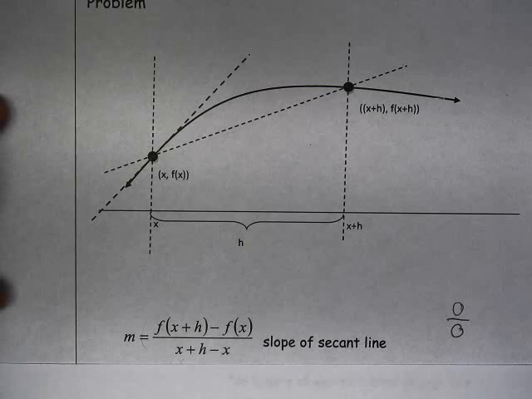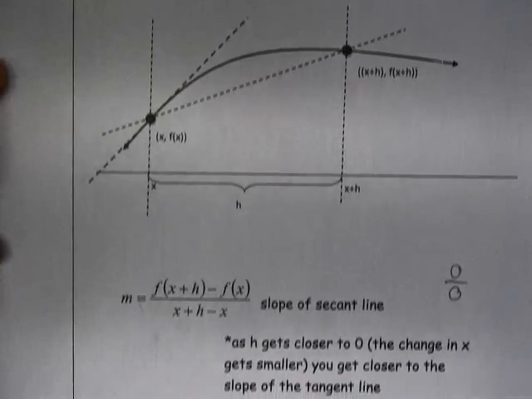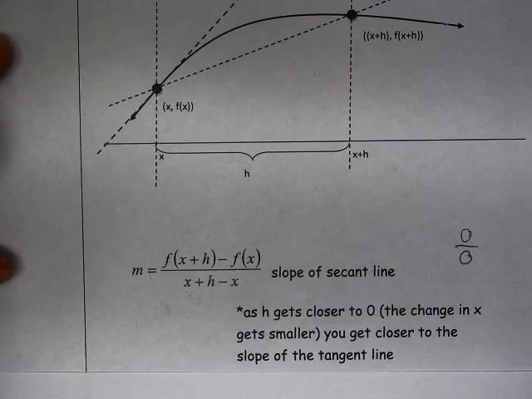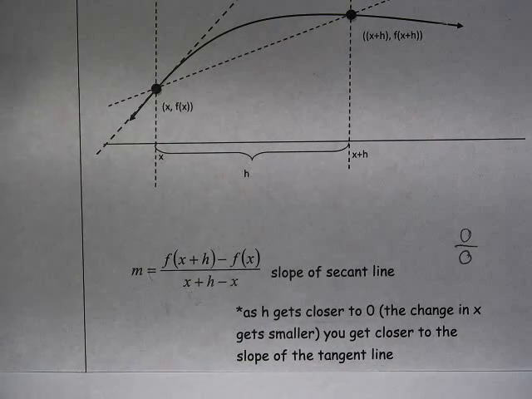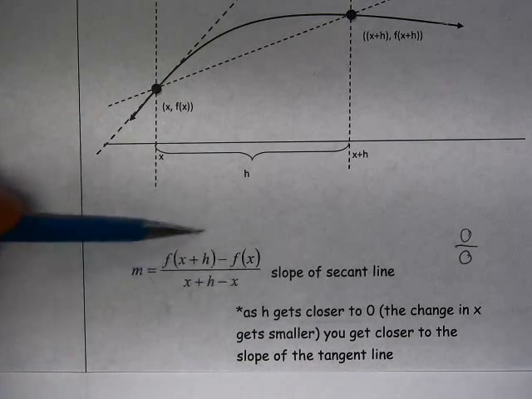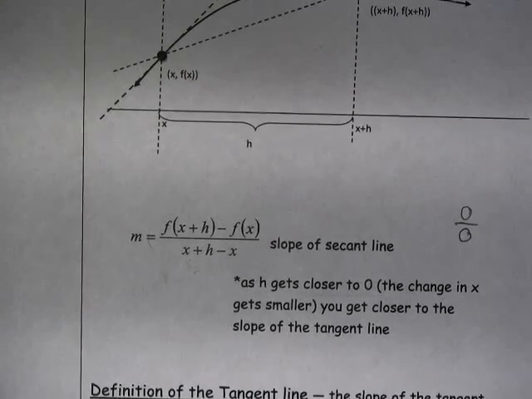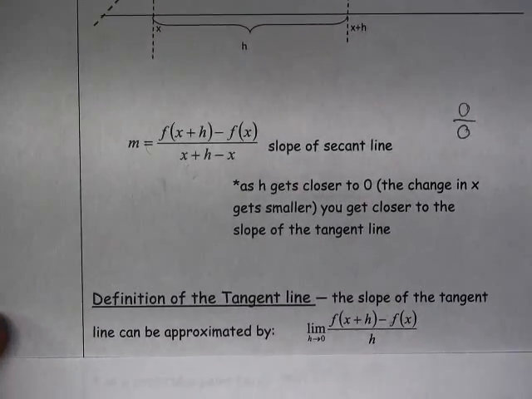That won't work. So basically I'm going to take this expression and take the limit of it as h approaches 0, and that is the definition of the slope of the tangent line.